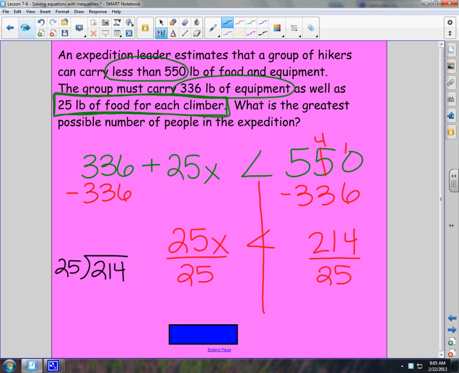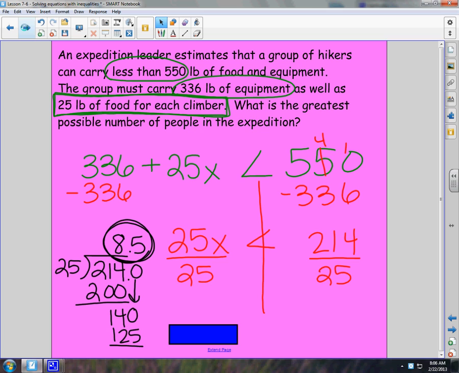Well, I know 25 can go into 200 8 times. So 8 times 25 is 200. I have 14 left over. I can bring down a 0. 25 can go into 140 5 times, which is 125. And then you can leave it as this, 8.5.